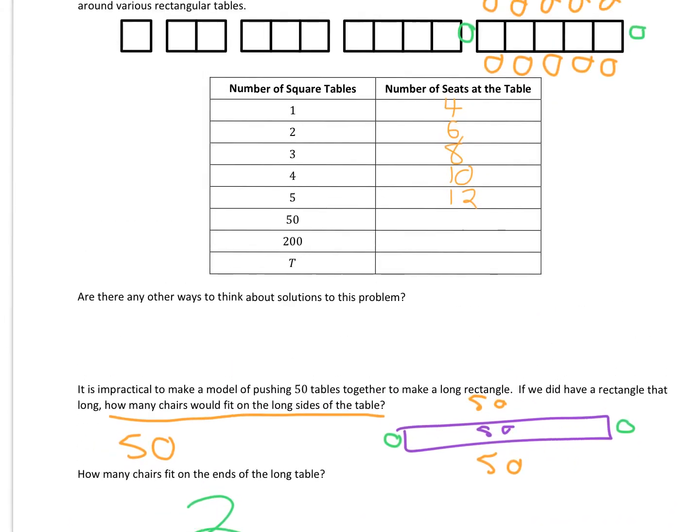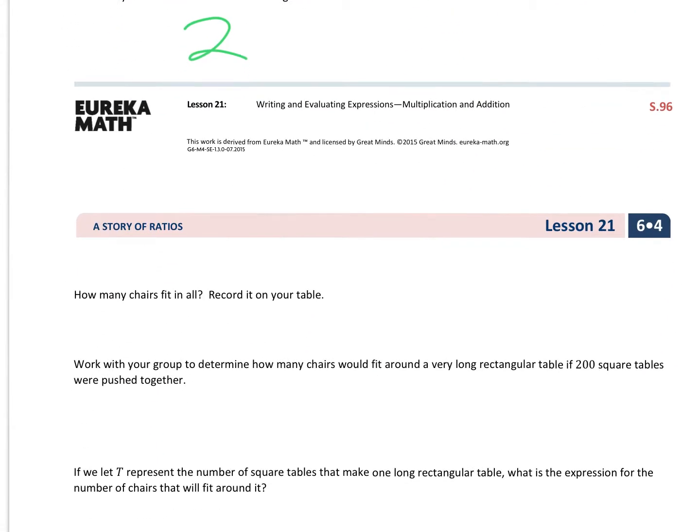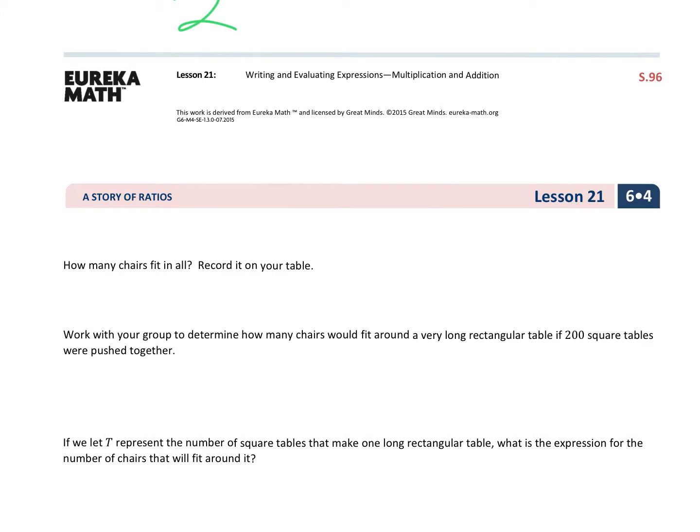So that's 102. And I would take a second, see if you can figure out with someone how many would fit around 200 tables. And then I will actually do that. So you could pause it and I'll come back in a few seconds.